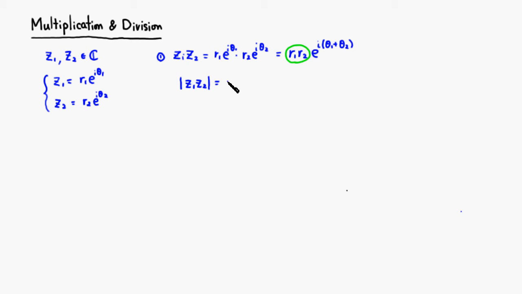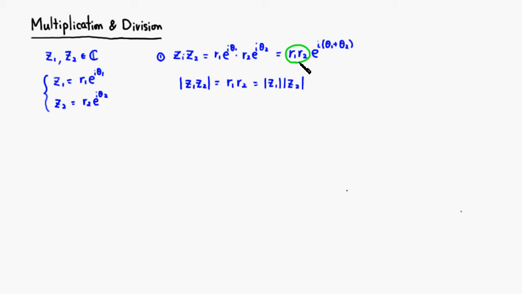So you're going to get R1 times R2, which is exactly the same thing as the absolute value of Z1 times the absolute value of Z2.